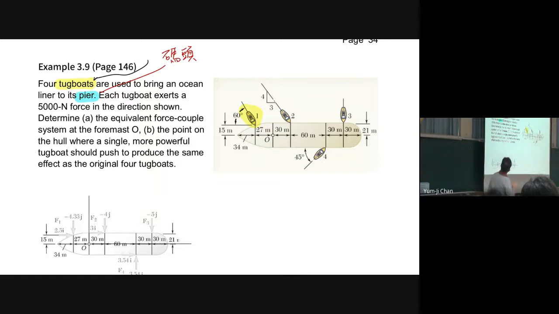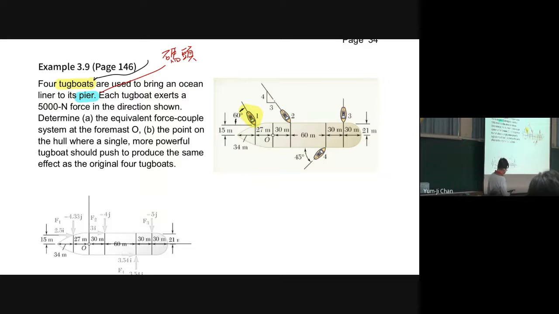For each tug, it can exert a 5,000 Newton force. Of course, the directions are all different.